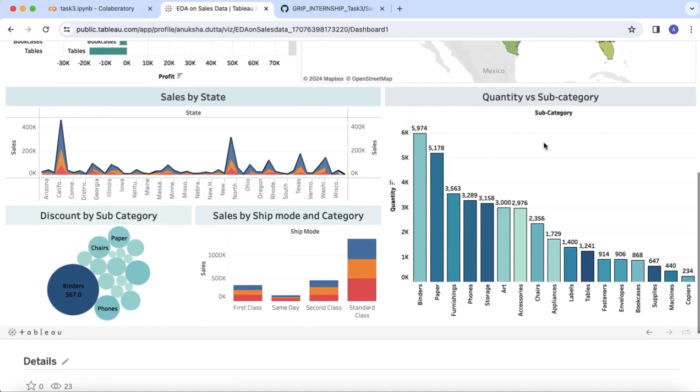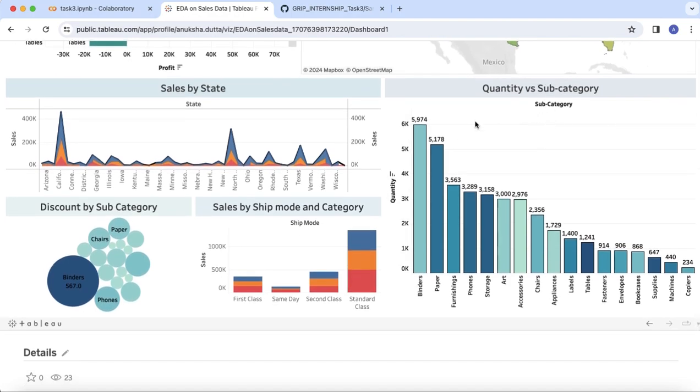The last is the quantity versus subcategory bar graph, which is simply the quantity of each type of subcategory.